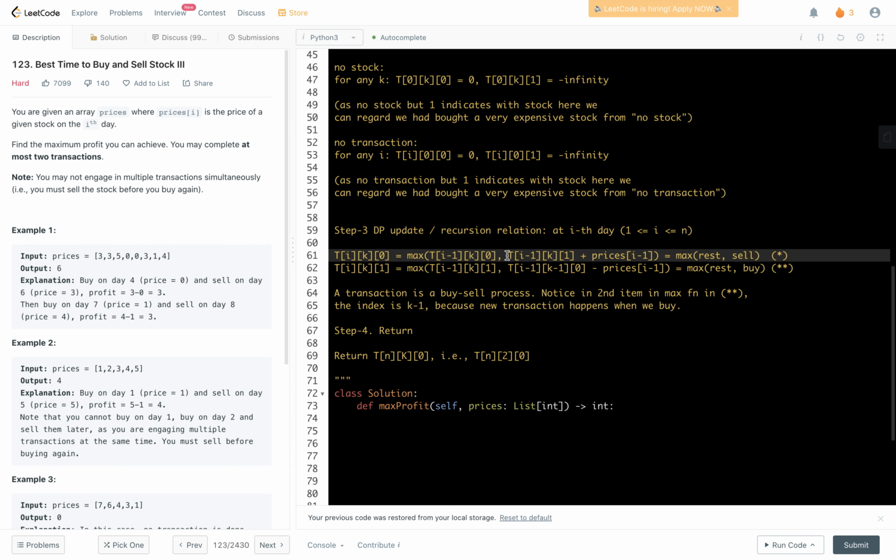The second possibility is that at day I-1 we do have stock, and then we can sell that stock at day I so that we can gain some profit.